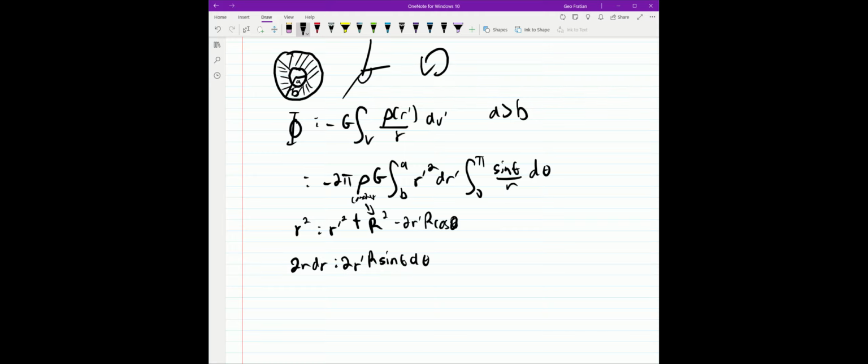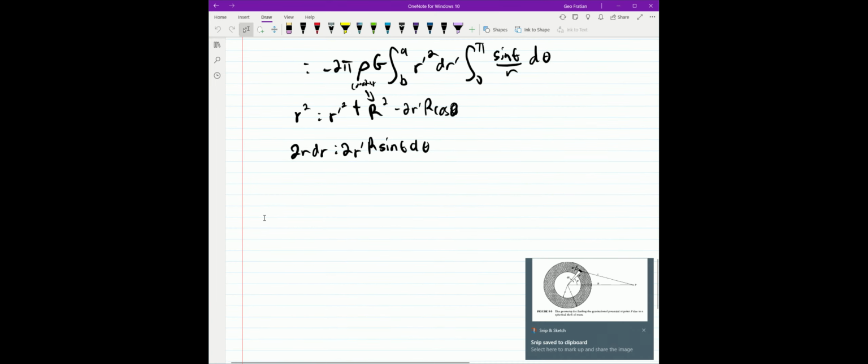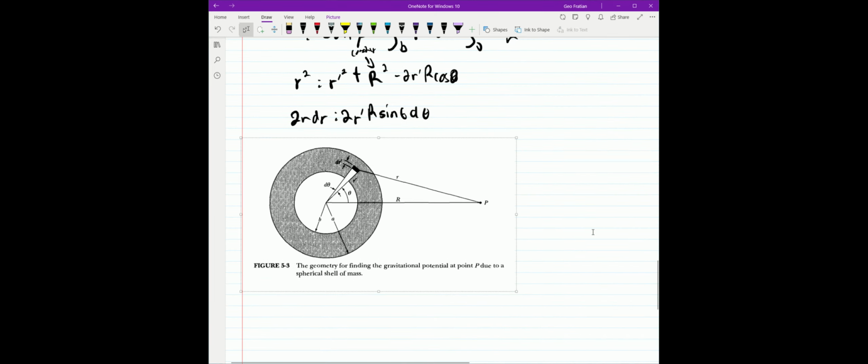So let's look at the entire geometry so you can actually see what we're integrating over. You can't see the phi here because the phi goes this way. That's where the factor of 2 pi comes in, and then we're integrating over d theta and then dr right here.